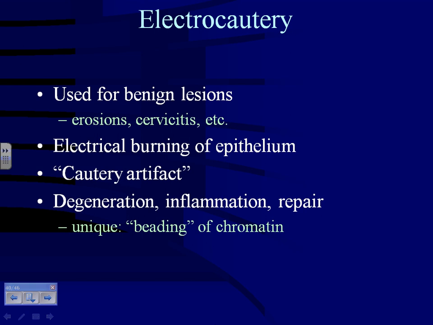The cautery is also a part of the process of what's used during LEEP excisions. But it basically causes burning of the epithelium, so you tend to get what's called cautery artifact by these hot probes. Cautery artifact in the cells can cause some changes that are quite unique. And again, we're going to learn about that a little bit more later on in this block.